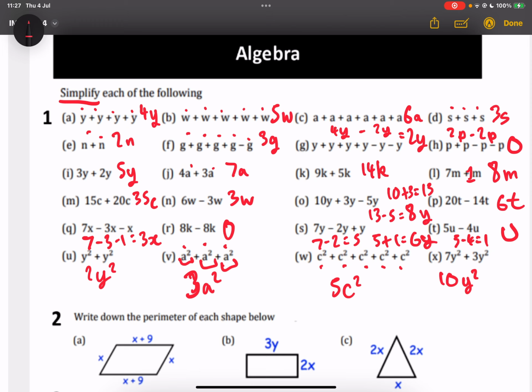So yeah, you're essentially doing 3 times Y over 2, which gives us that, and then we could simplify more.